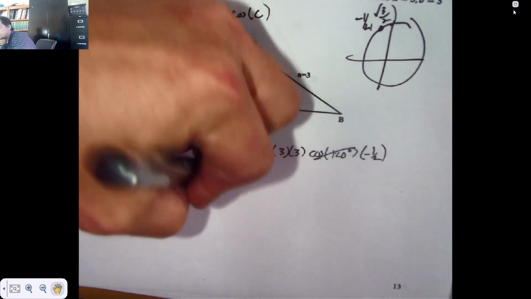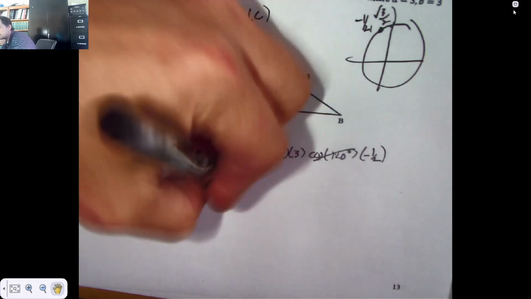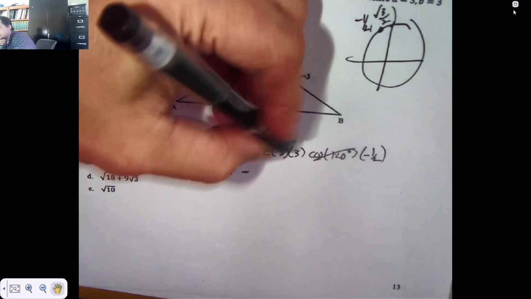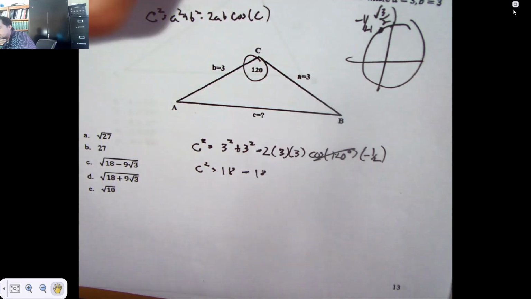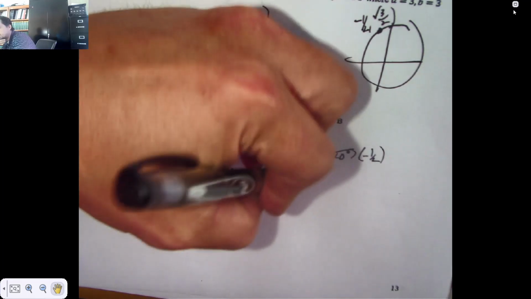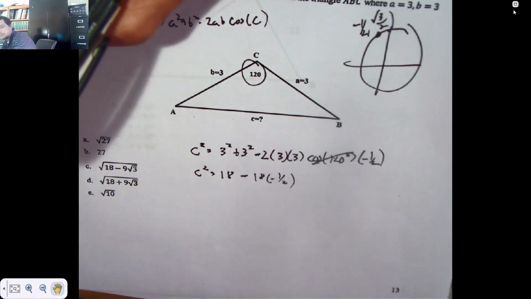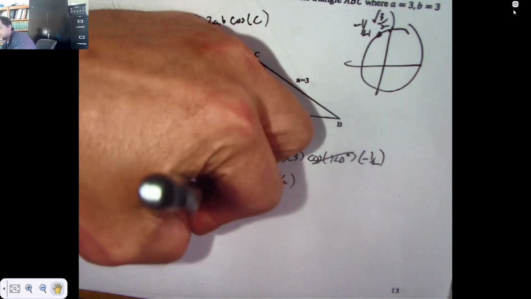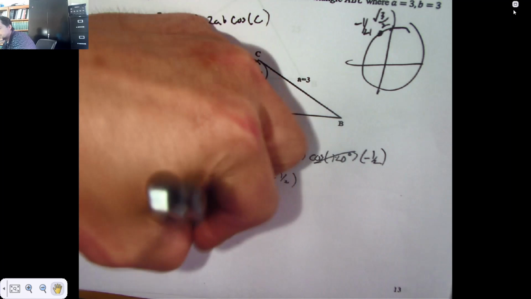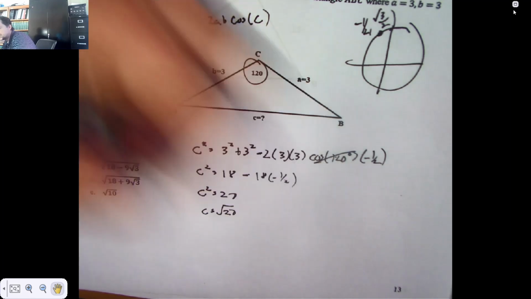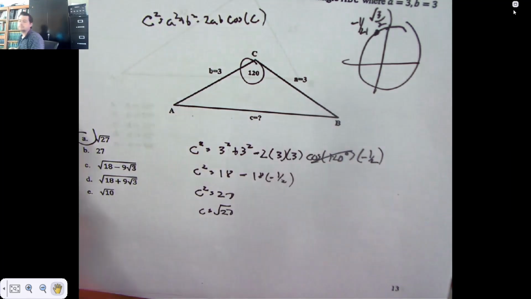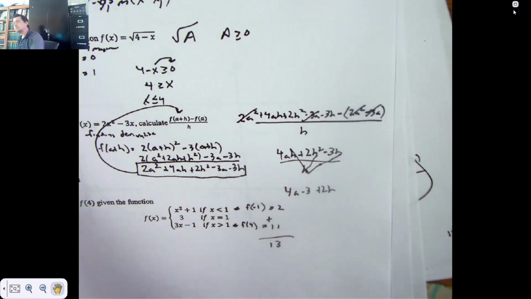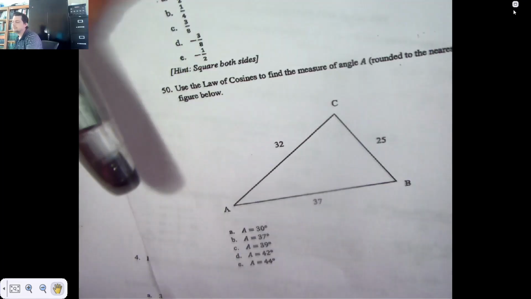All right, so c squared is, we got 9 and 9 makes 18, minus 18 times a negative 1/2. That's a big deal. So that's going to be 27. So c is the root of 27. Choice A. I guess I can finish this during my lunch break. Maybe.